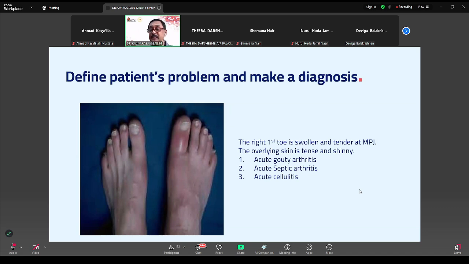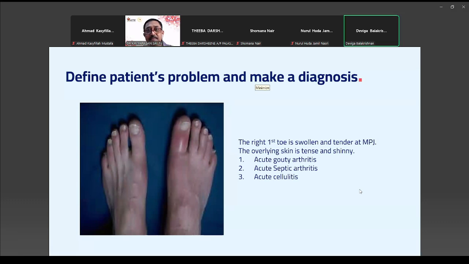So if there was a septic arthritis, how would you know it's a septic arthritis? Let me ask Izzatul Iwa. If there was septic arthritis, what would you do? Izzatul, are you there?